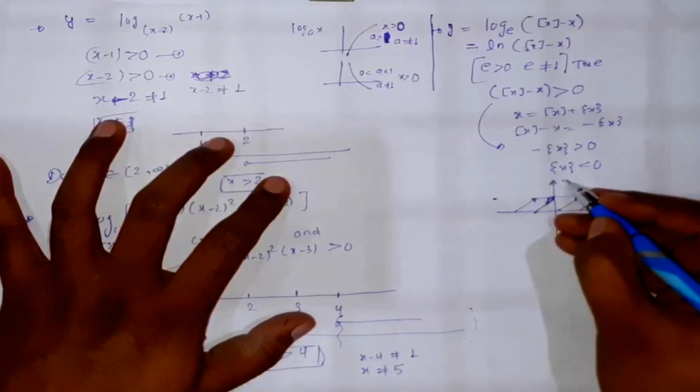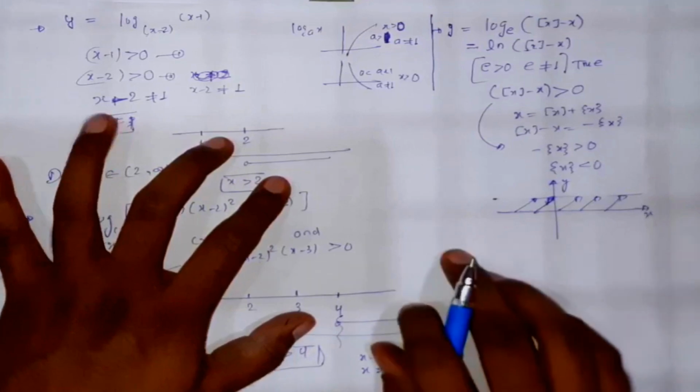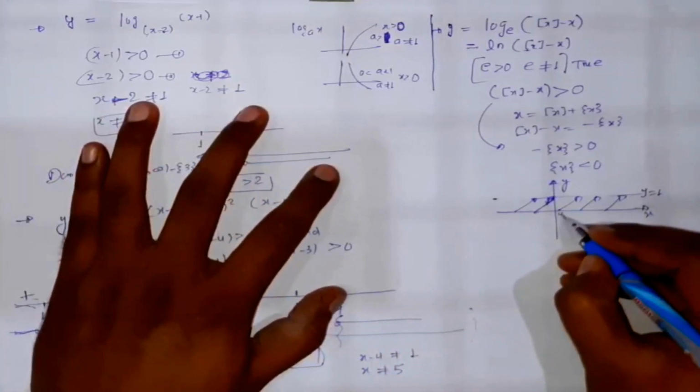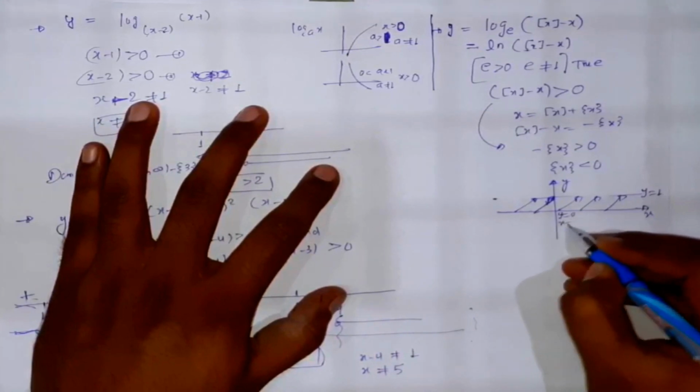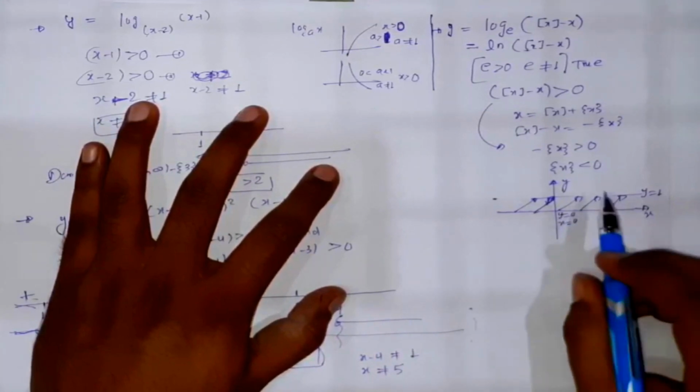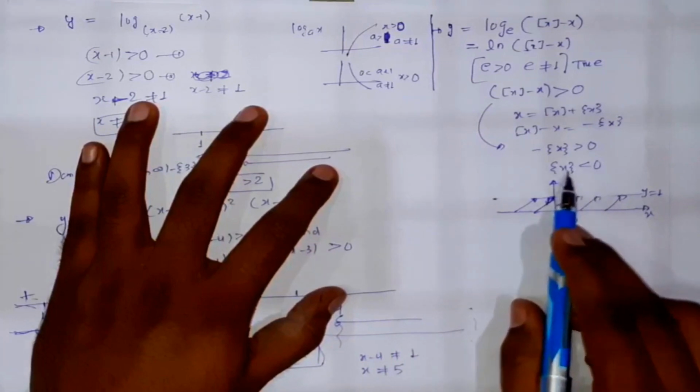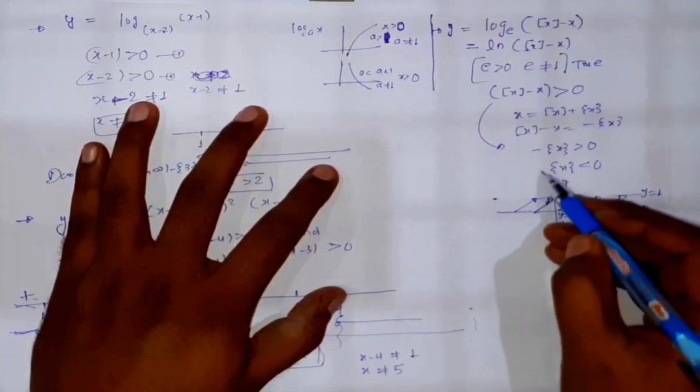This is y. Here the y equals 1 line is there, and this is the y equals 0 line, that means x equals 0. Now we need to calculate the values of x for which this inequality is satisfied.